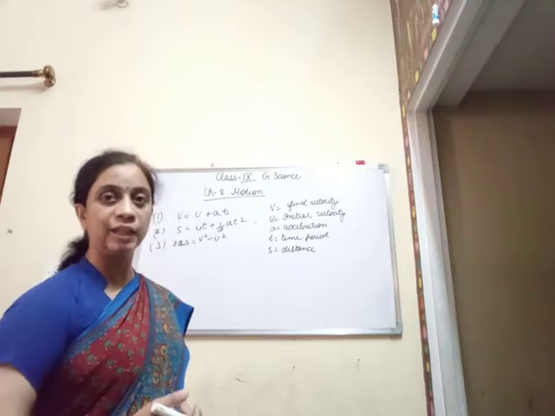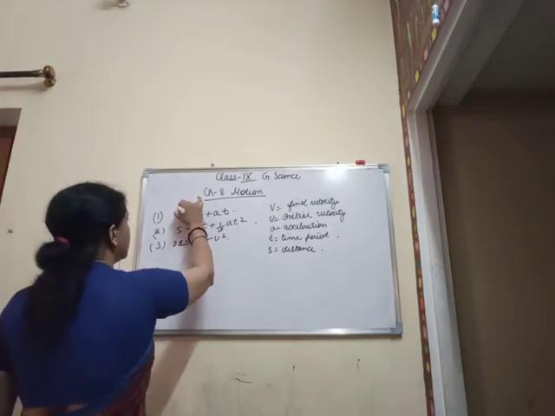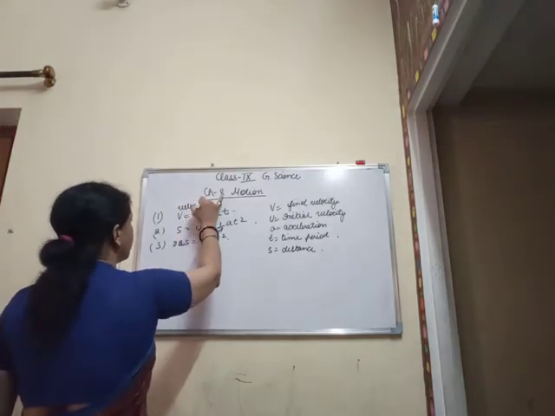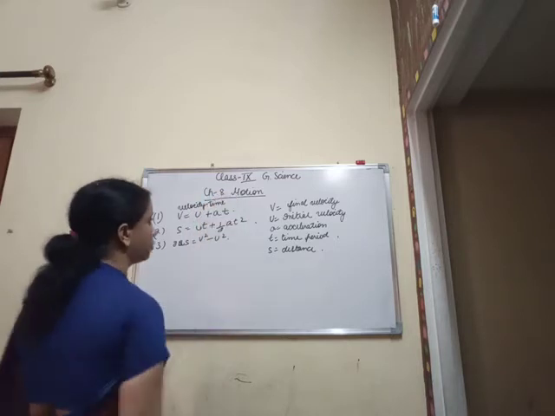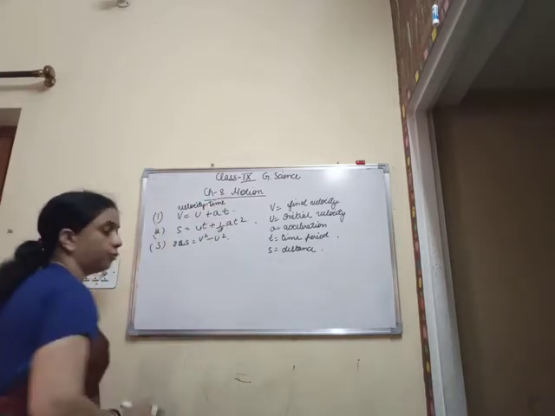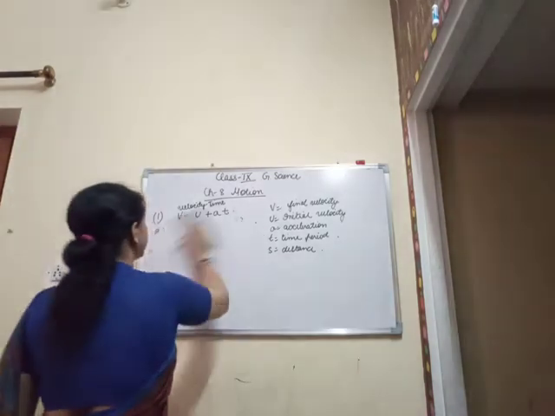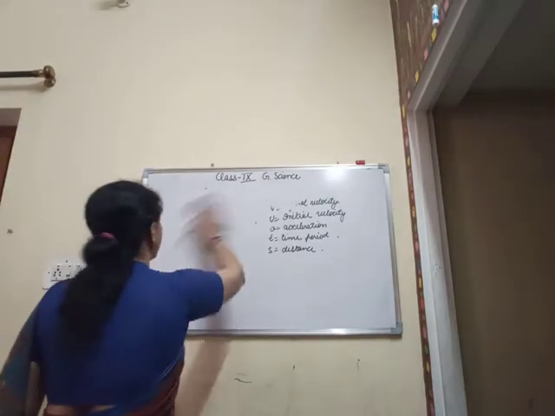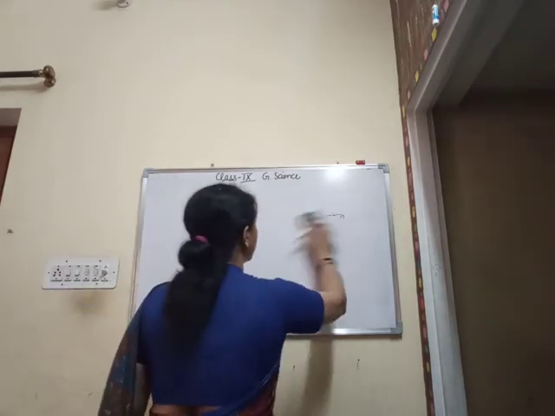represent them graphically. So when we are talking about the first equation of motion, this equation of motion relates with the velocity, time graph. So we are first going to talk about the first equation of motion. Okay, so for this we have to draw a graph.